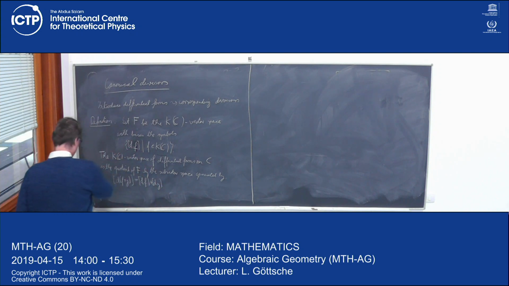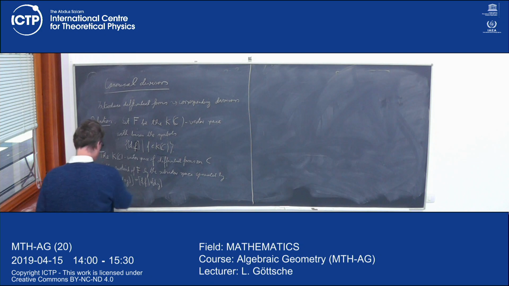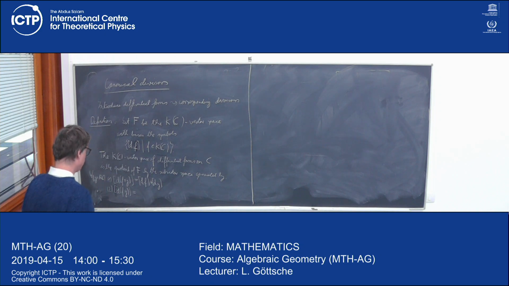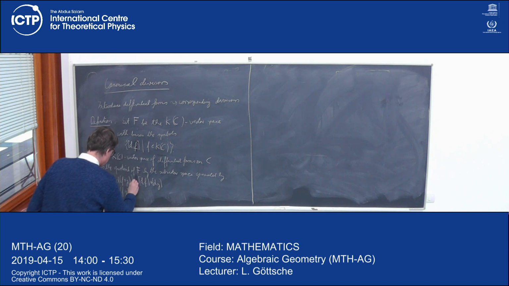This is for all f, g in K(C). Then we have first these relations. The second one: if we take the product of two rational functions, take the corresponding class here.